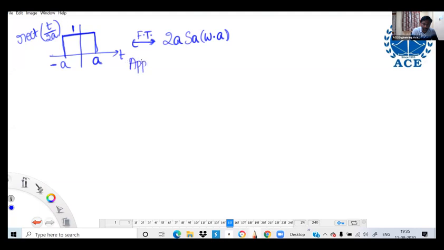If you apply duality here, ω becomes t, t becomes -ω.